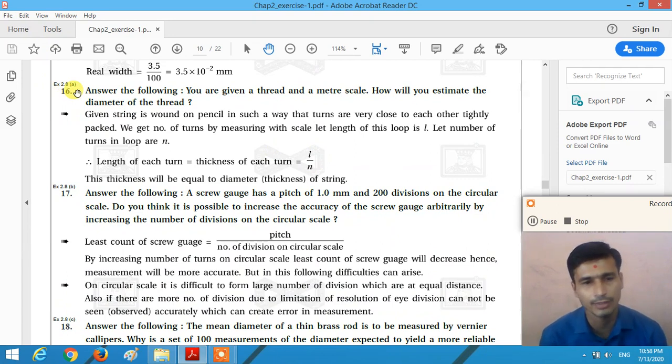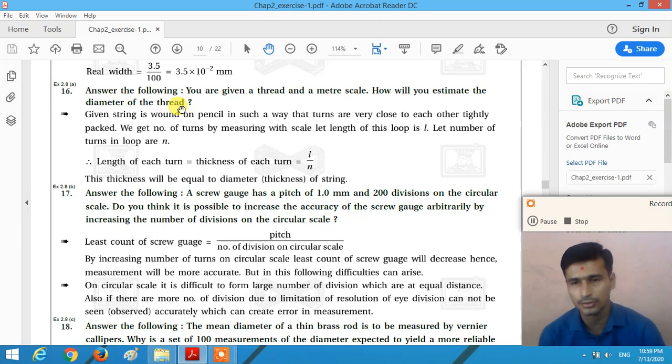Now exercise question number 2.8. In that, three questions are given to you. Answer the following questions. A, you are given a thread and a meter scale. How will you estimate the diameter of the thread? A meter scale is not useful to measure the diameter of the thread directly.